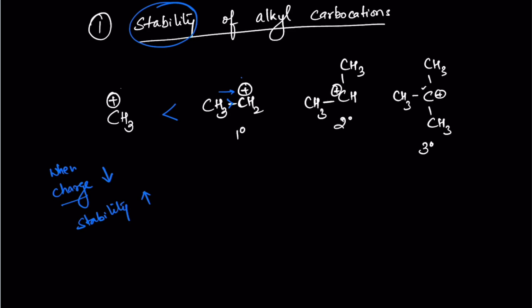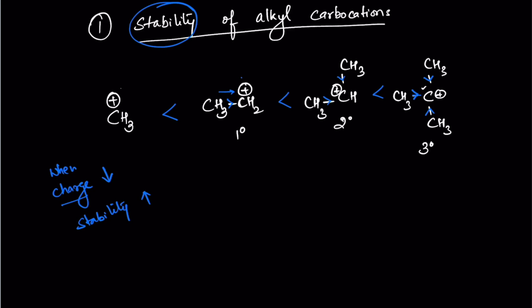Okay. Now, let's look at the 2-degree carbocation. It will have a plus I effect from 2 methyl groups, and therefore its charge will reduce even further. Therefore, this will become more stable than the 1-degree carbocation. And with similar logic, the 3-degree carbocation has plus I effect from 3 sides, and therefore it will become even more stable.